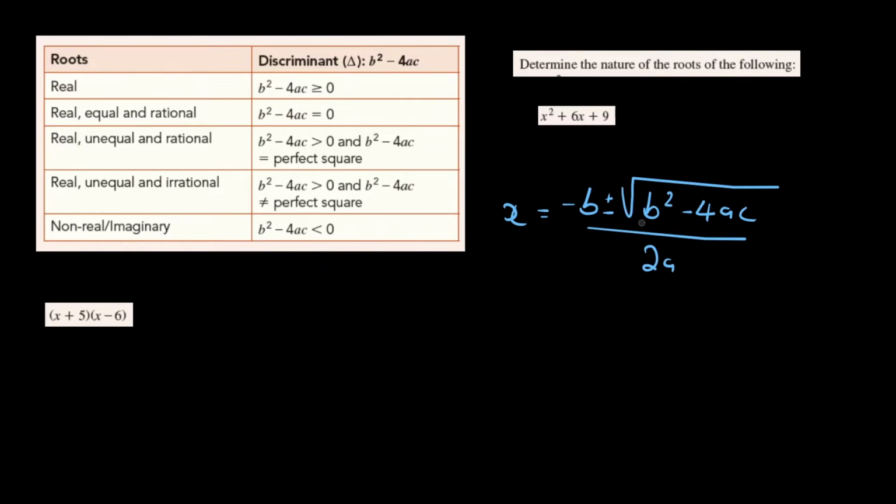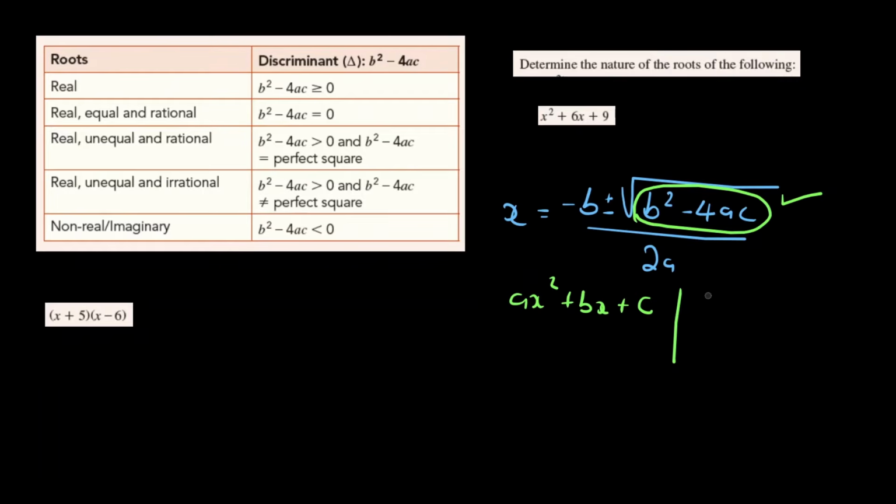So when they're referring to roots, really they're referring to this under the square root here. This gives us the roots of a quadratic equation. And remember, the a, b, and c come from ax squared plus bx plus c.